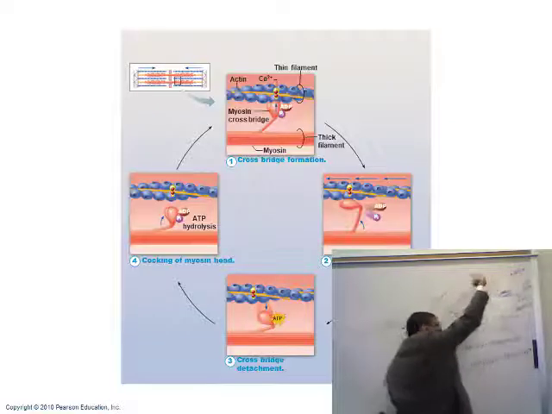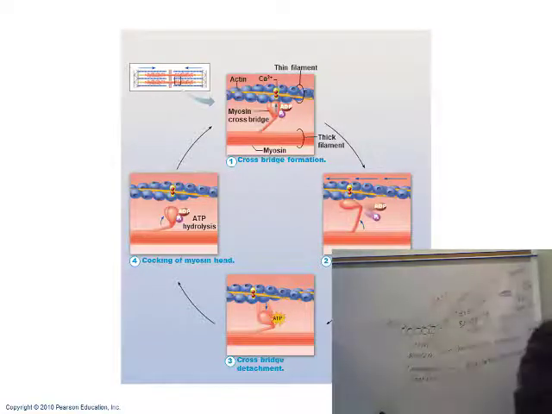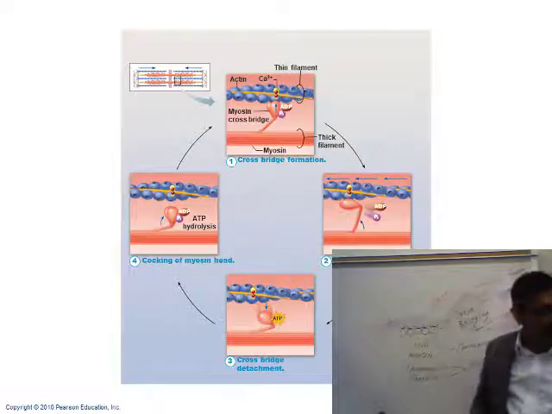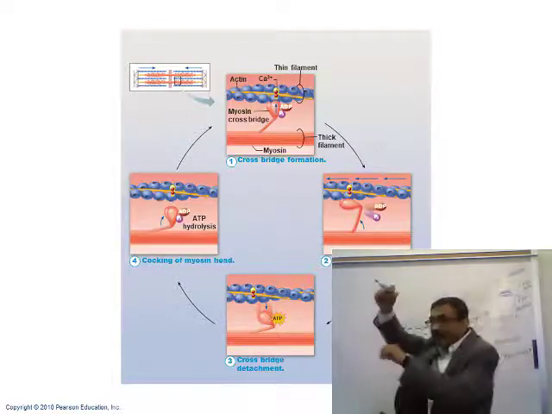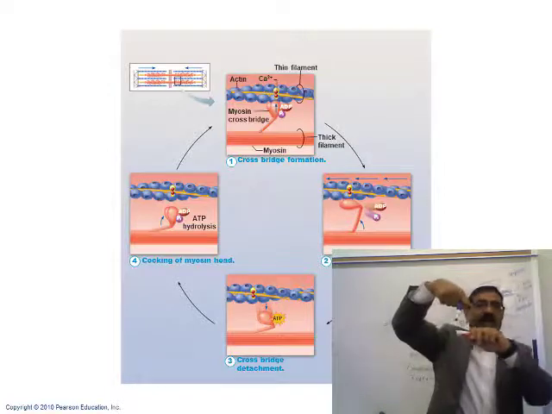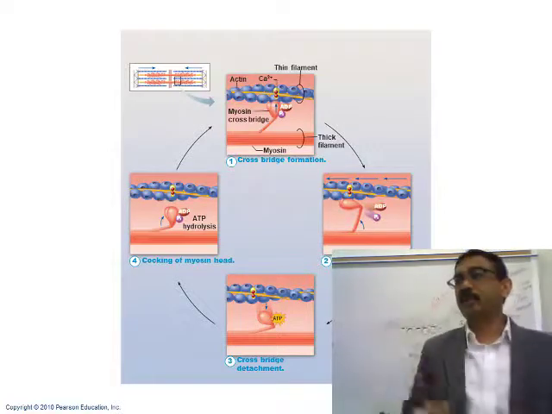Then what happens next? The myosin heads bend like this. All these myosin heads will bend. So this myosin head will bend like this. And that bending of myosin head is called power stroke.